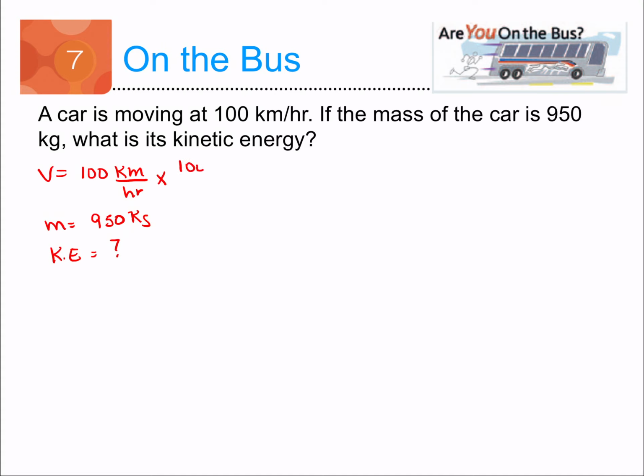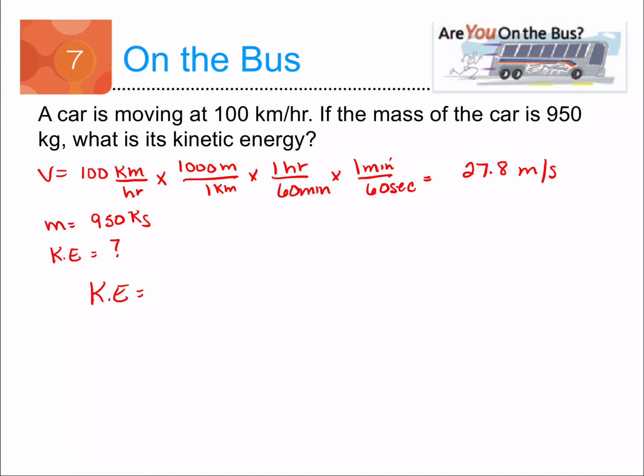So we know that in 1,000 meters, we have 1 kilometer. In 1 hour, we have 60 minutes. And in 1 minute, we have 60 seconds. So that comes out to be 27.8 meters per second.